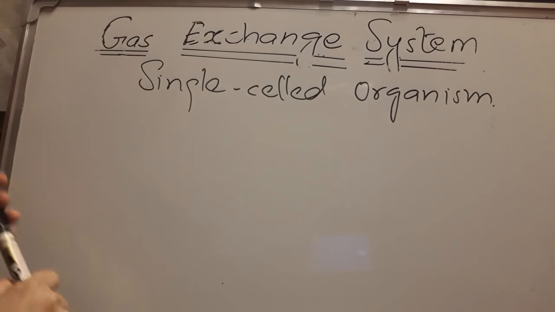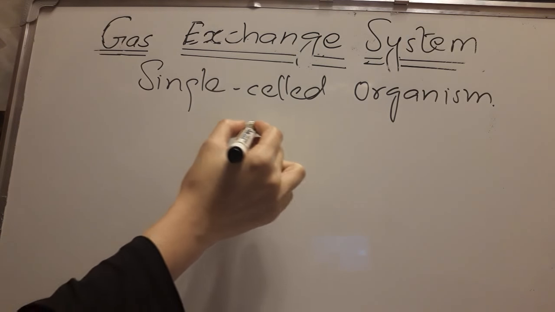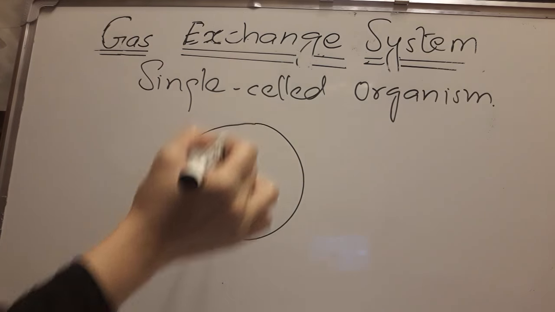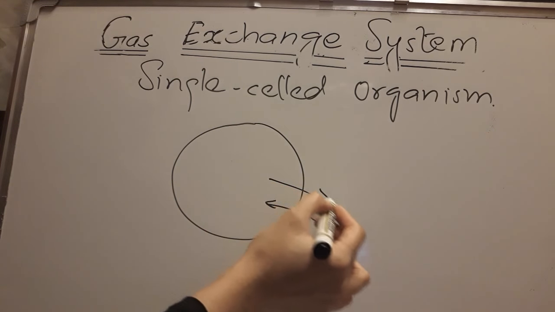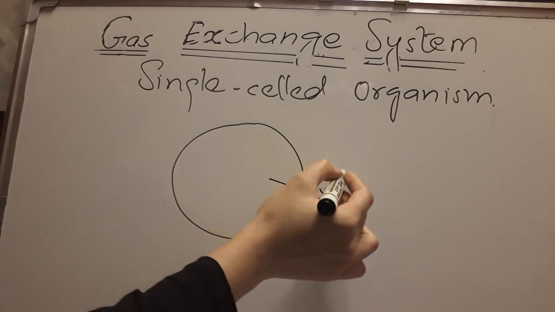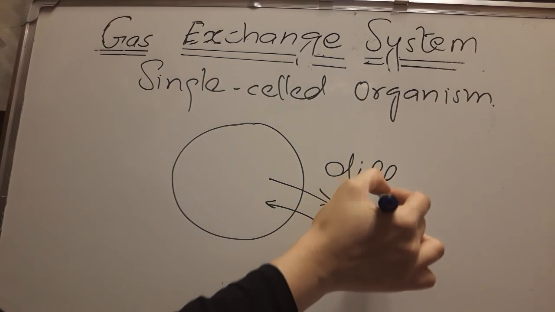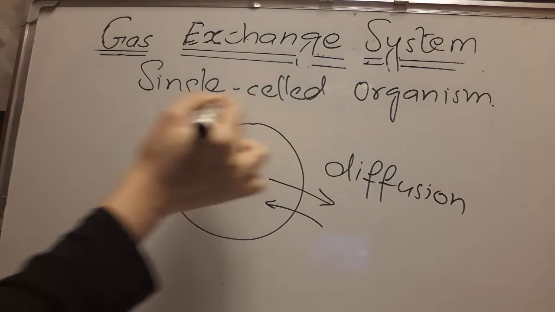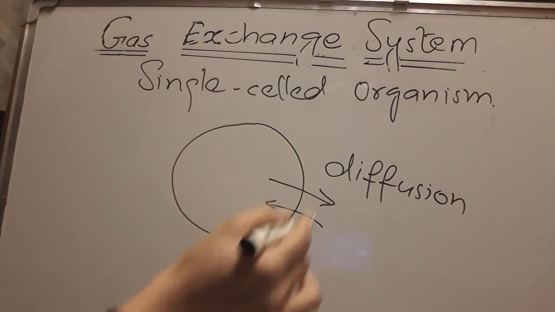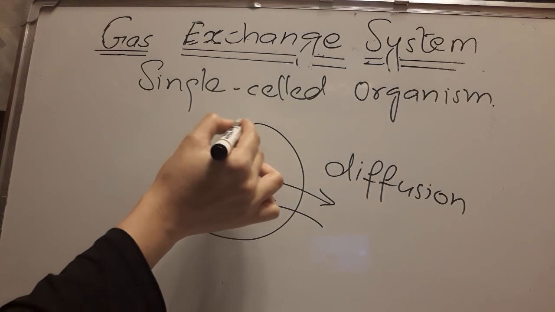First of all, we will discuss gas exchange in single-celled organisms. As the name indicates, these organisms are made up of just one cell. They absorb and release gases by the process of diffusion through their outer surface. They have a relatively large surface area and a very thin surface.